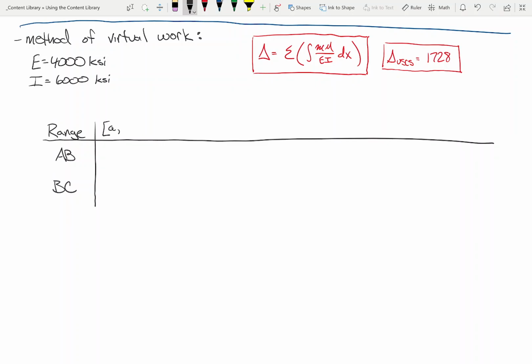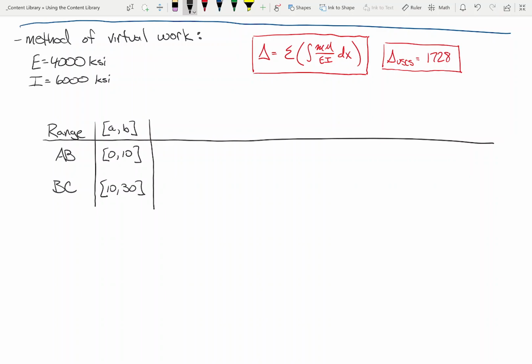Now, the next thing I'm going to do is I'm going to do AB, okay? And all that's going to be is that this is valid from 0 to 10, or this is the range of A to B, and this is 10 to 30. Just to sort of have that there, okay?